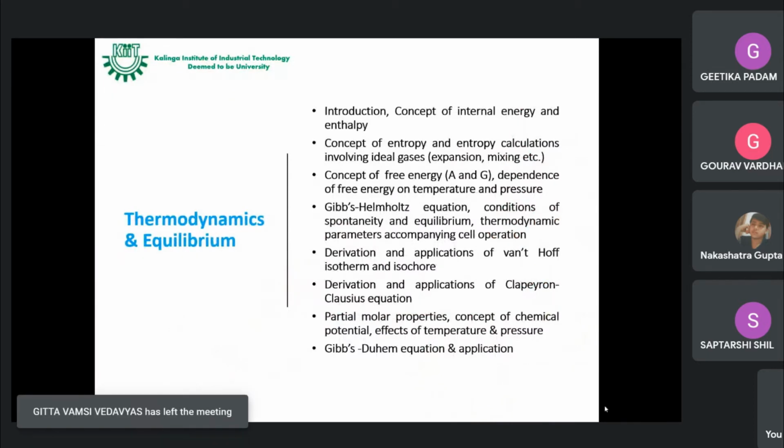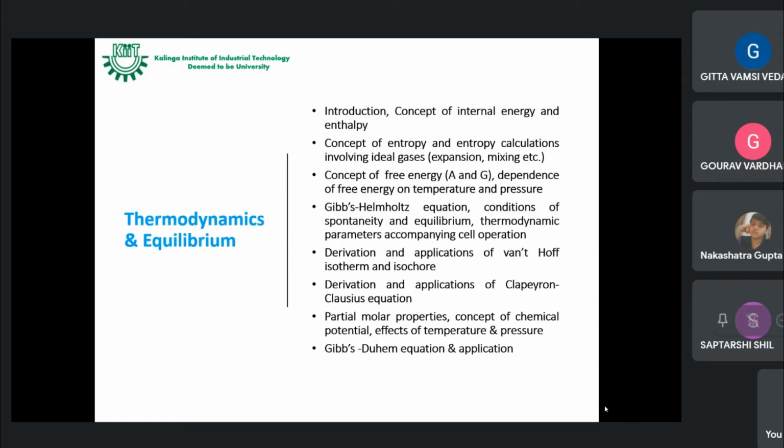Details of the topic, definitely I am going to discuss as and when I start the topic. I will be giving you the idea of all the topics in detail. Just to have a brief discussion, I will talk only 5 to 10 minutes about these 5 topics, what is there and what you have read in +2, because out of 5 topics, 3 topics you have read in +2: thermodynamics, kinetics, and electrochemistry.